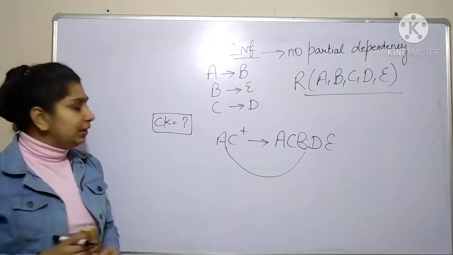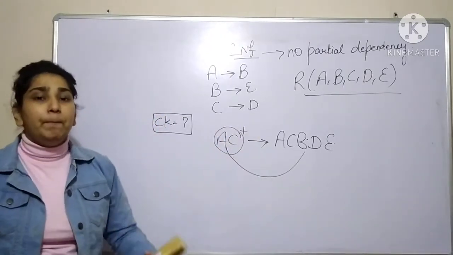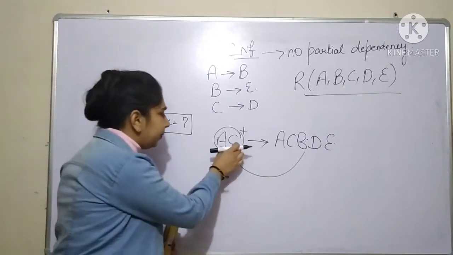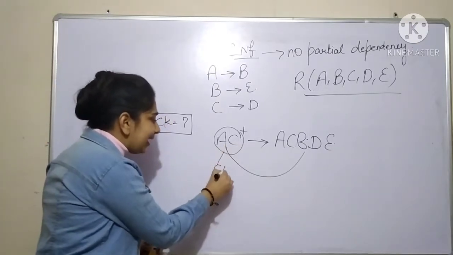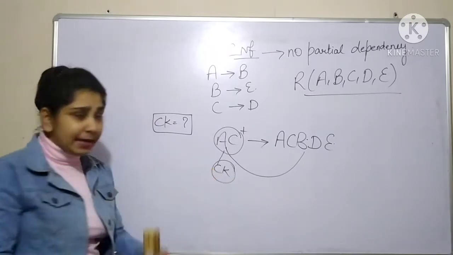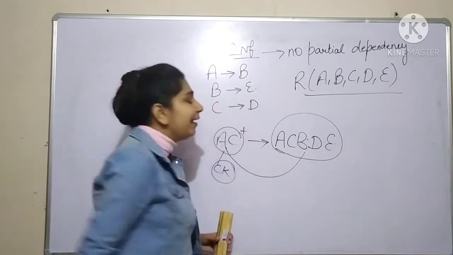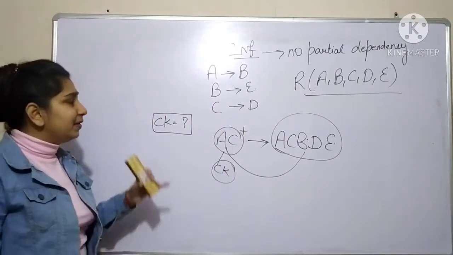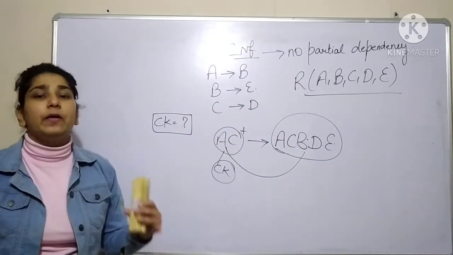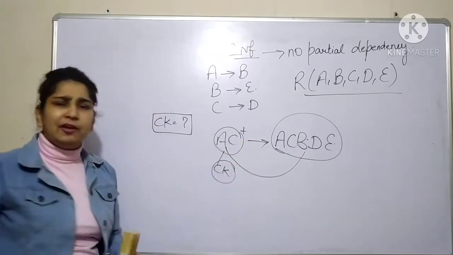If you look at it, with AC as a composite attribute used as a candidate key, I am able to determine all the other attributes, be it A, B, C, D or E. All the attributes can be determined with the help of this AC attribute.